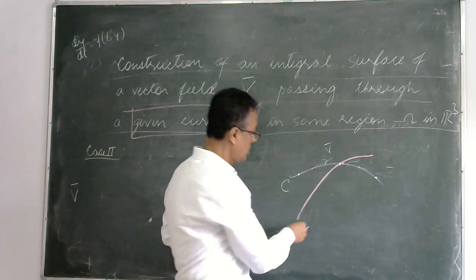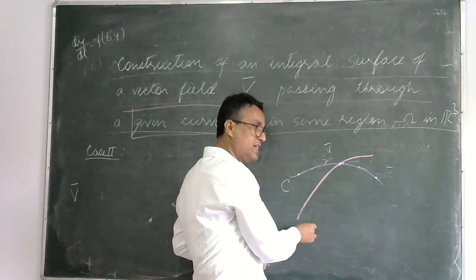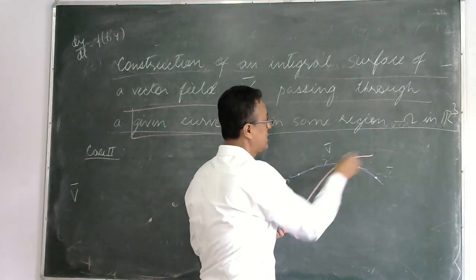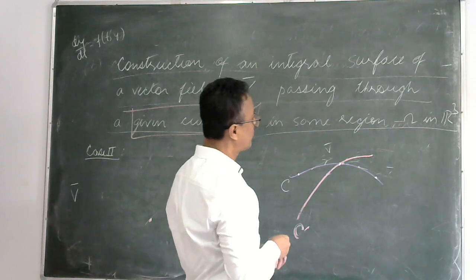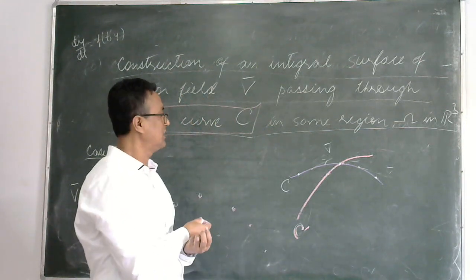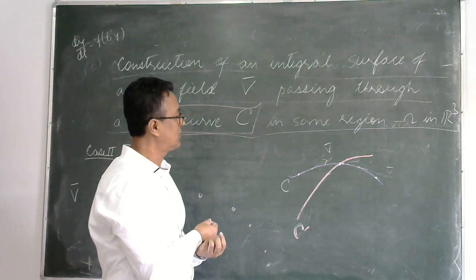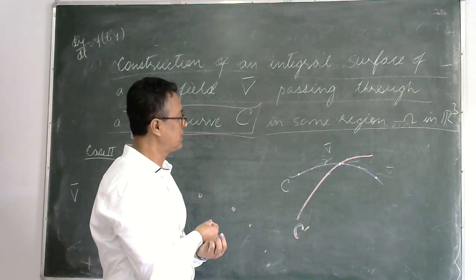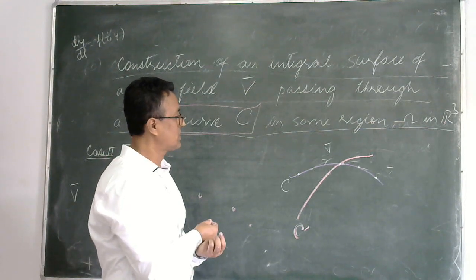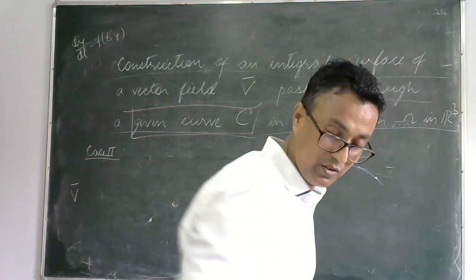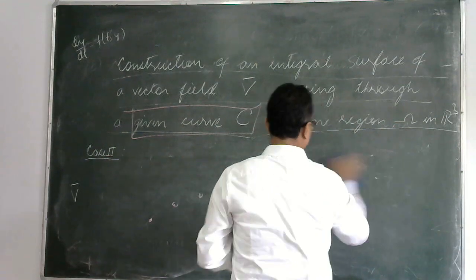Now on this curve C prime, at each point, what am I going to do? Just a minute, I think I'm confusing it. Let me repeat it again.